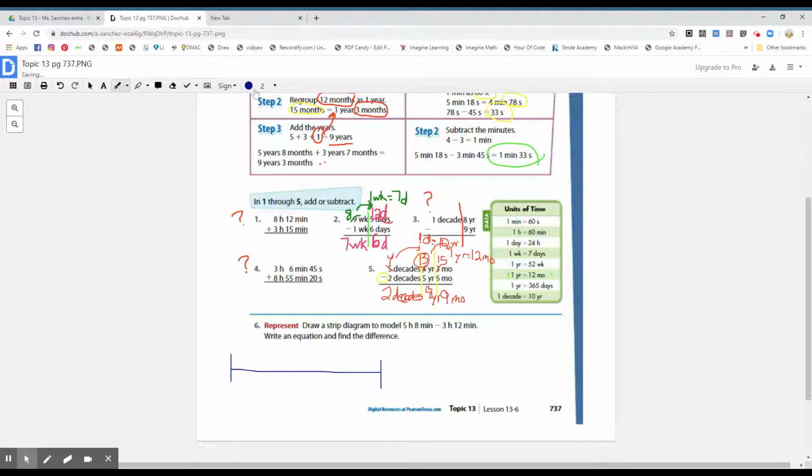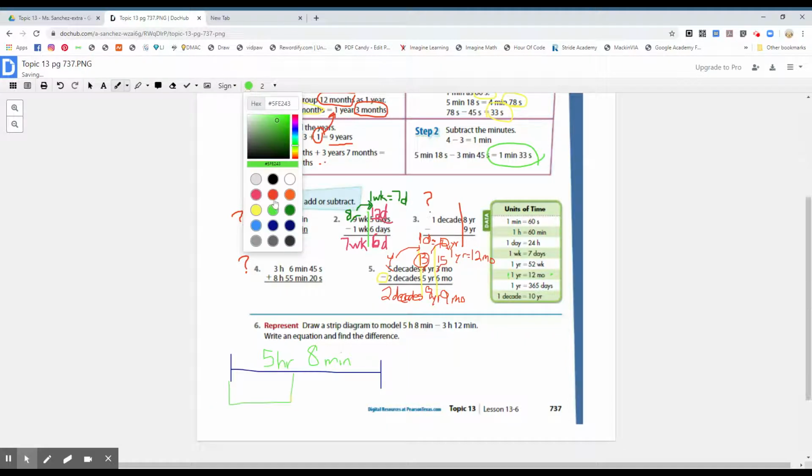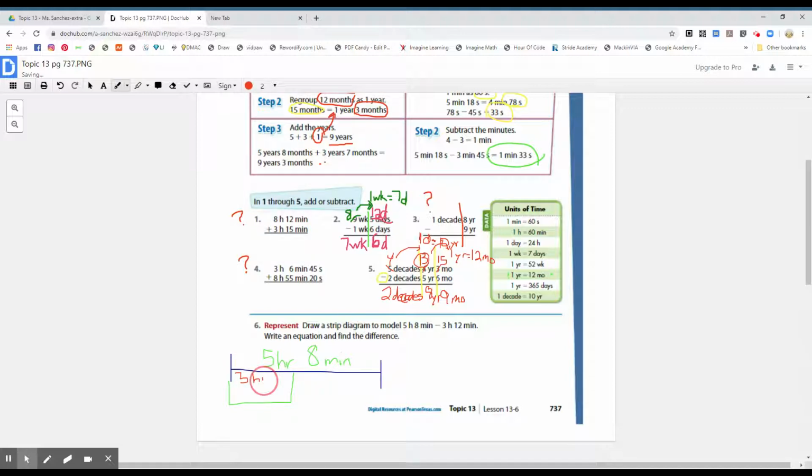That becomes your total, boys and girls. 5 hours and 8 minutes. And they want to subtract 3 hours, 12 minutes. And they want to know what's left.